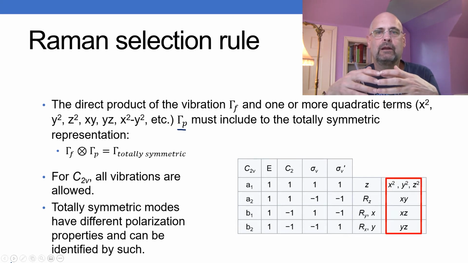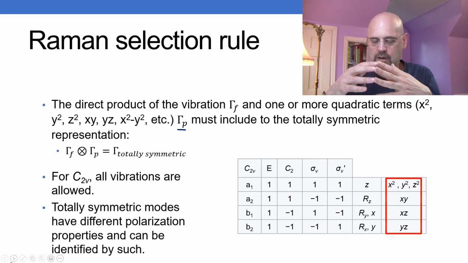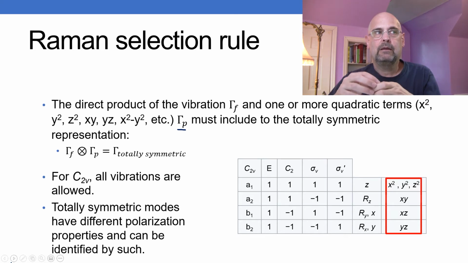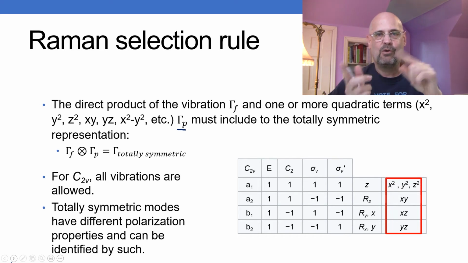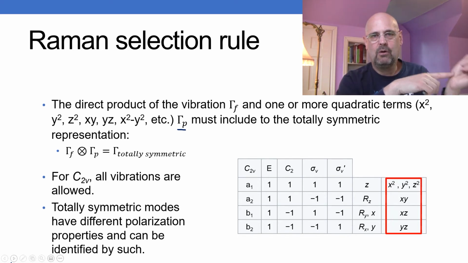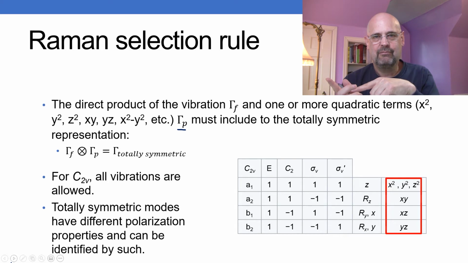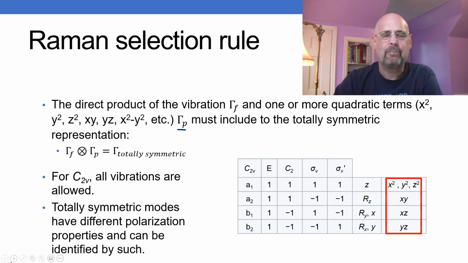So I look at this and say, in infrared only A1, B1, and B2 are allowed, but in Raman they're all allowed. In a centrosymmetric molecule, a molecule that has inversion symmetry, it's either or. It's Raman allowed or infrared allowed, and there's no overlap between the two.